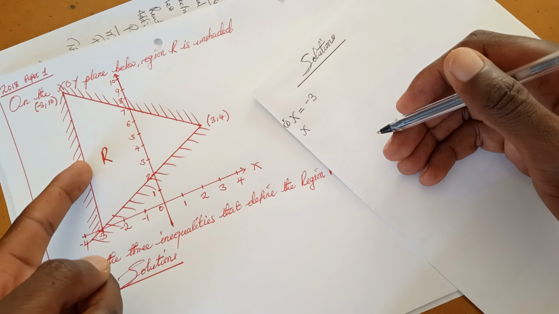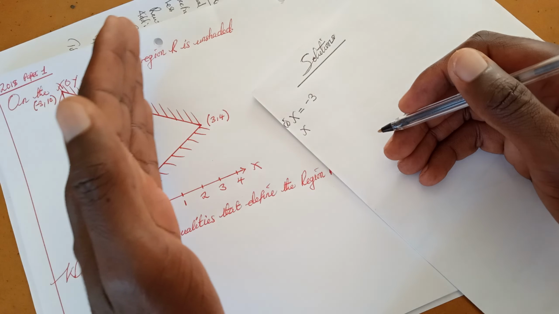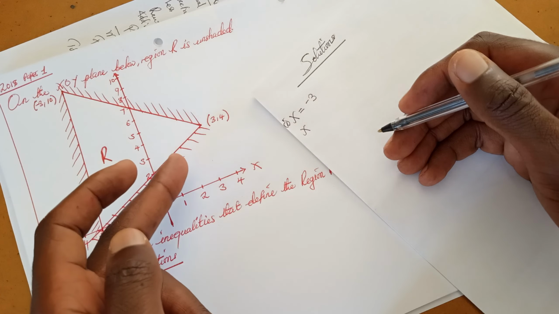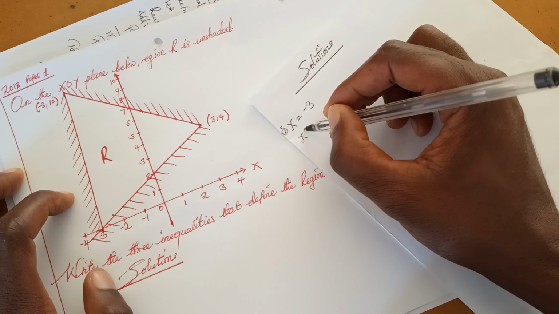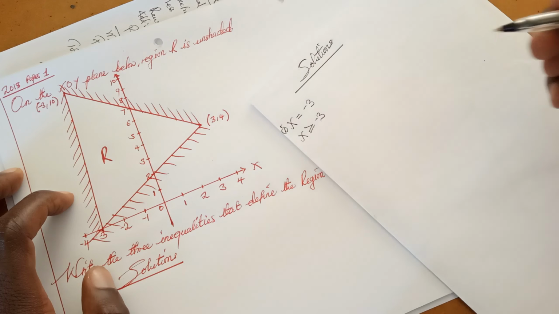So x here is greater, because the side where R is on is the greater side. Since this line is a solid line, x is going to be greater than or equal to -3. We have used greater than or equal to because it is a solid line. So that is our answer.